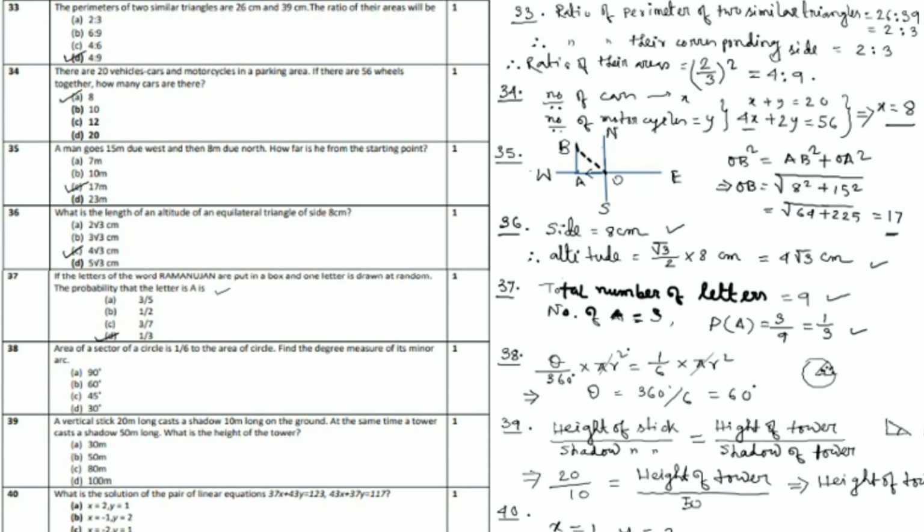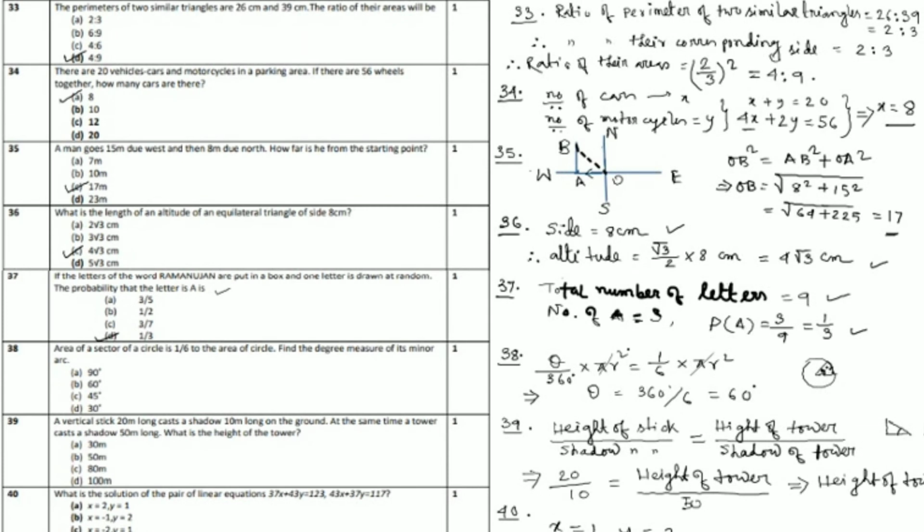Now we will solve problem number 38. Area of a sector of a circle is 1/6 of the area of the circle. Find the degree measure of its minor arc. We know how to find the area of a sector. Suppose this is the arc, and the formula is theta divided by 360 degrees into pi r square. Now what is theta? Theta is the angle at the center which the arc makes at the center.